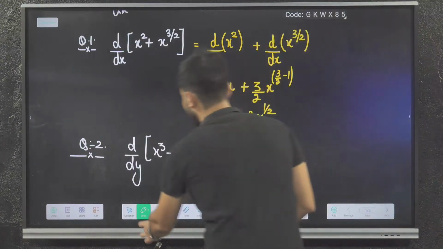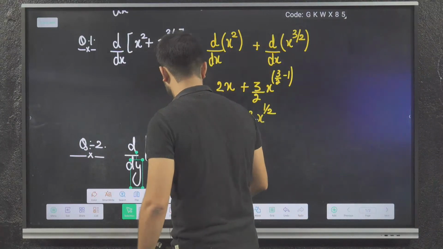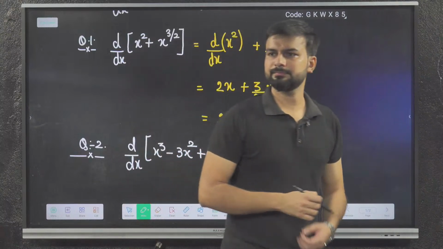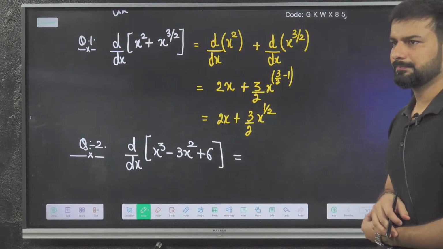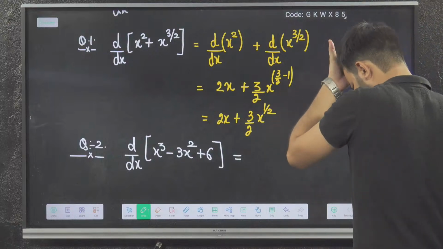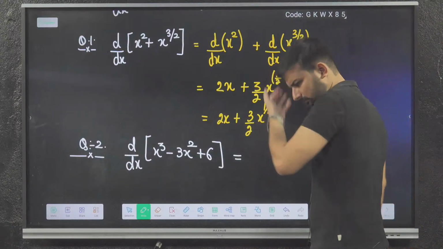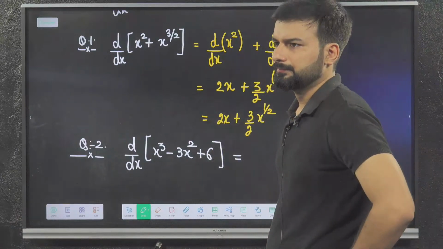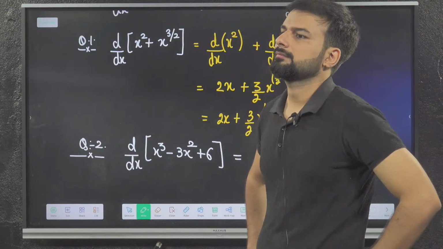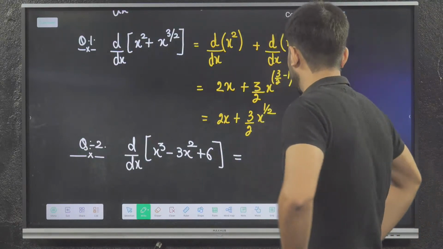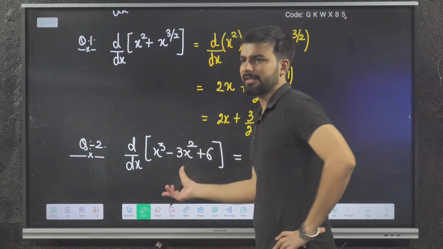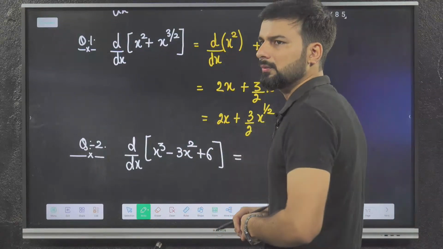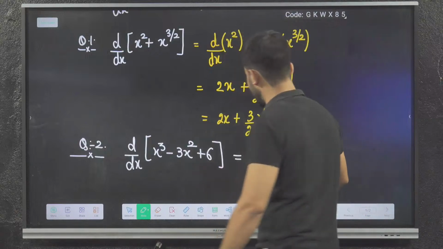Sorry, here I have written wrong. It is dx. Tell me everyone, what will be the answer? x cube minus 3x square plus 6. What will be the answer to this question?